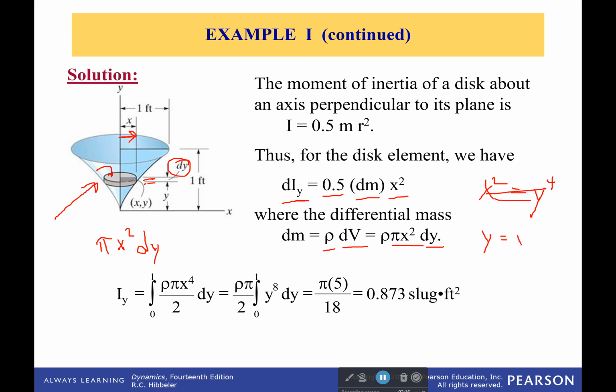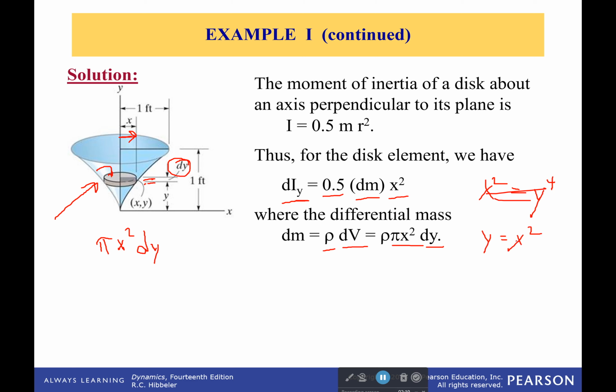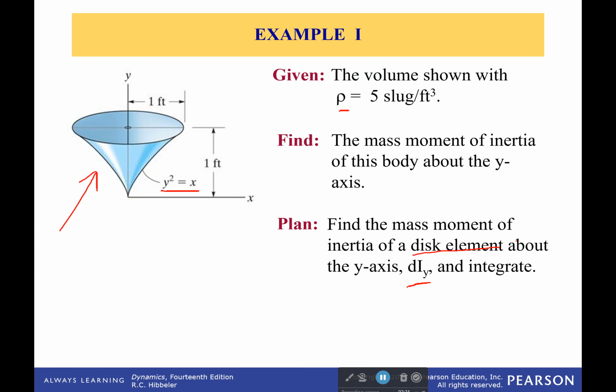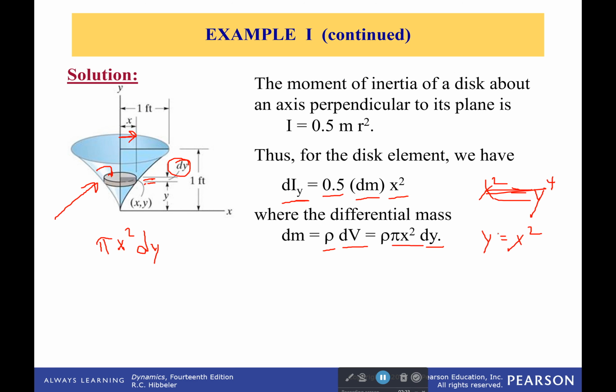Y is equal to x squared, correct? Let me make sure I check that back there. Nope, I had it right the first time. I'm being crazy. Okay, so x squared would be equal to y to the fourth.